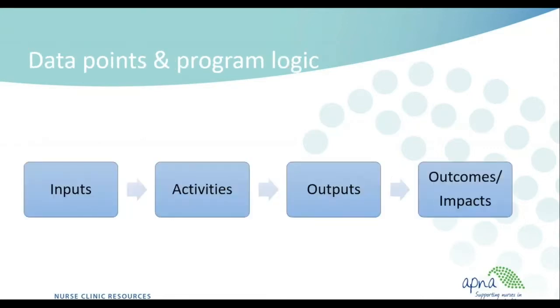On the next slide, this is just another way of saying what I've done. If you can collect data against all of those things, all of a sudden you'll have a more convincing story. So what might that mean? So your inputs, I've already mentioned time. You might have money that you've been given and that the practice has added. You might have costs of consumables.